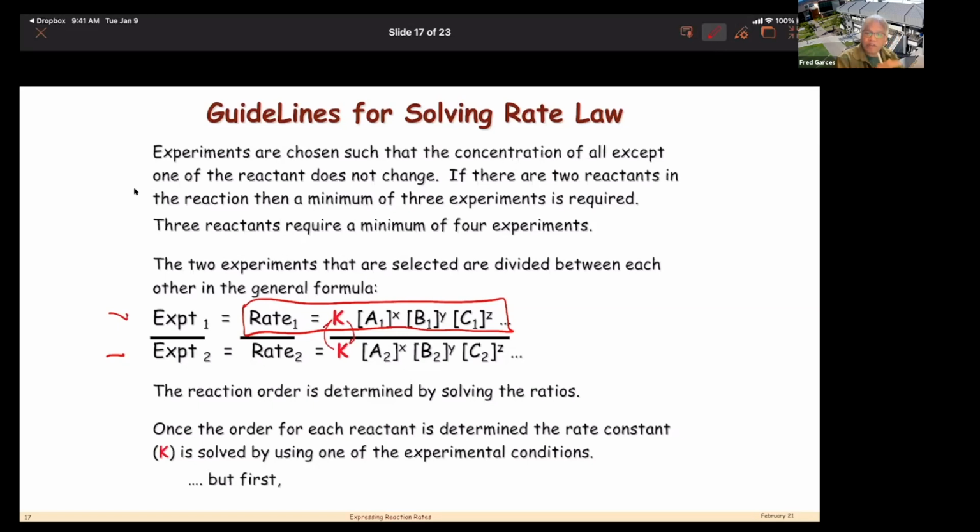Now, in the 2 different experiments, the concentrations may vary, so they may not be equal. But if you pick experiments 1 and 2, remember that the NO concentrations were equal. So we can use that relationship to simplify the math. This is what we're going to do.